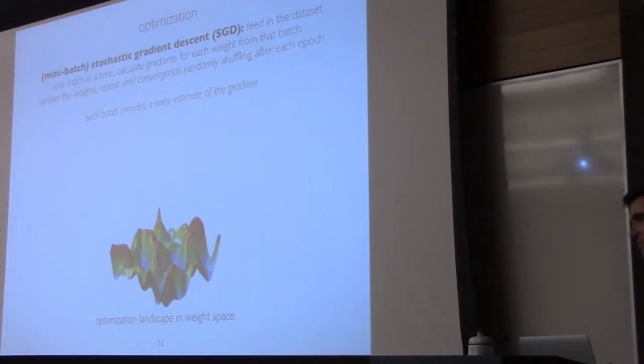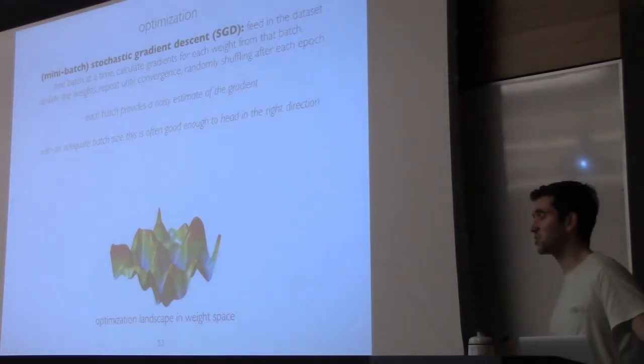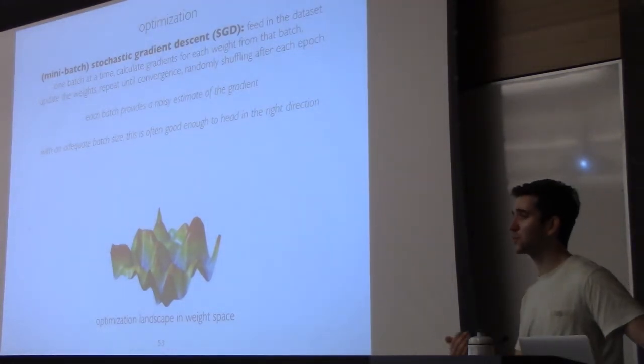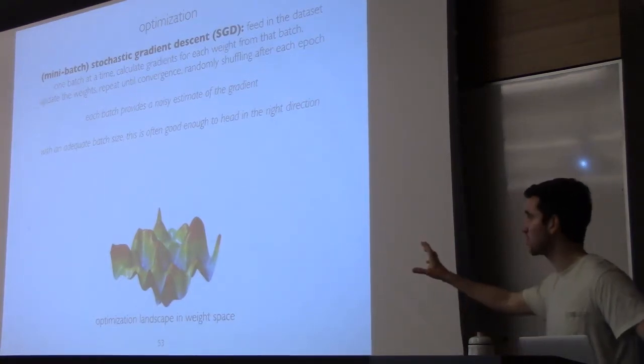So you can think of this as giving a noisy estimate of the gradient at each time step, but often it's good enough. Even if your gradient isn't exactly perfect, as long as it's in the right direction, that's still getting you out of whatever kind of landscape you're in in the optimization space.